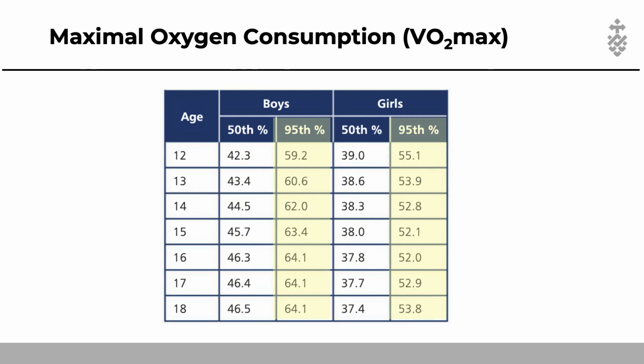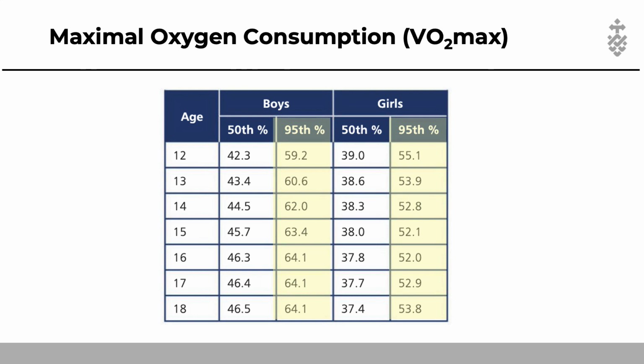So if we have a look in that 95th percentile, that would mean if you scored that in a VO2 max at that particular age, you would be in the top 5% of people your age. So if an 18-year-old boy scored around 46, he would be average. If he scored 64 on a VO2 max test, he would be close to the top 5% of boys in his age group.